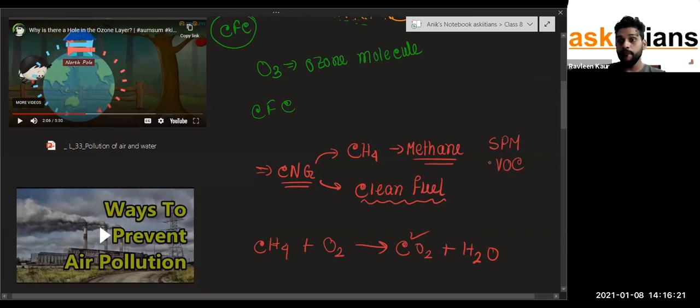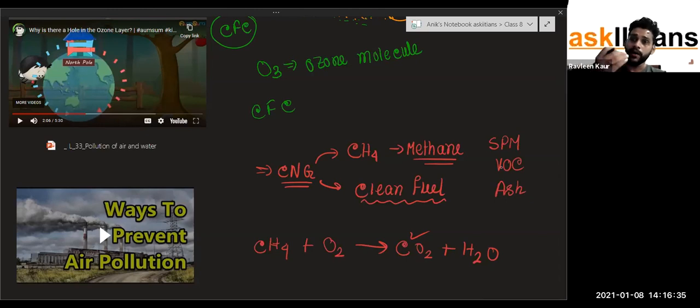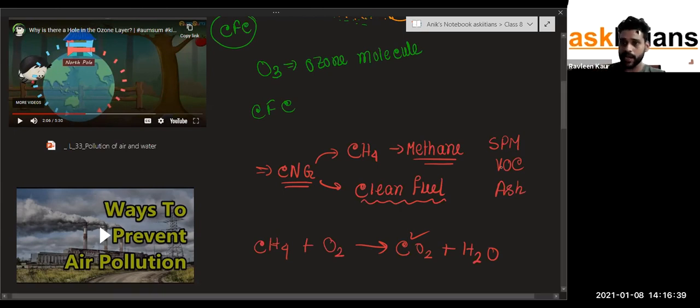Apart from that, fly ash, unburned carbon, carbon monoxide, sulfur dioxide, nitrogen dioxide. There are so many things that can come out from a chimney, from a combustion.